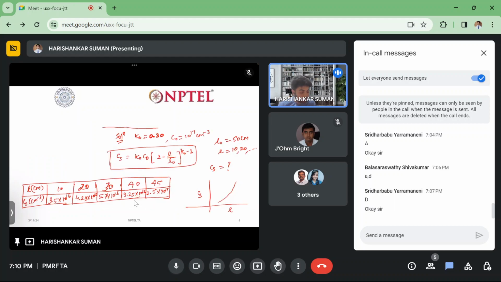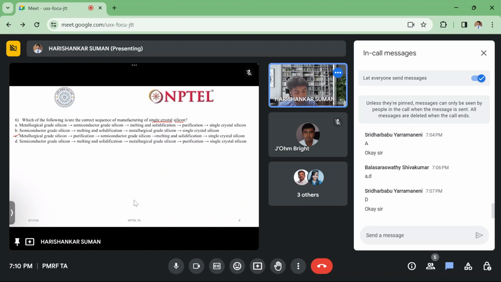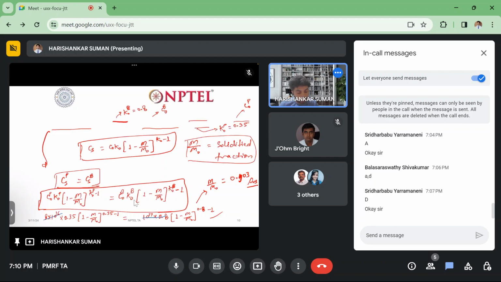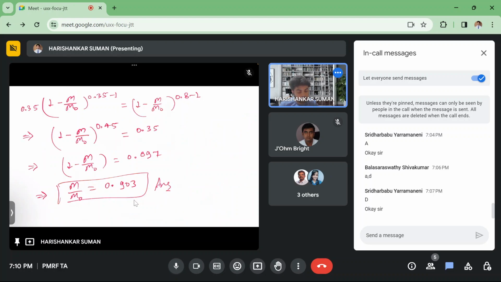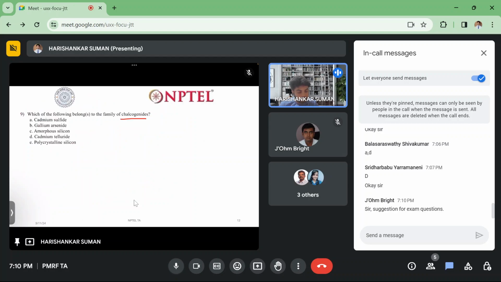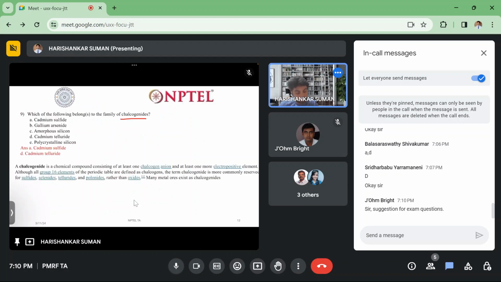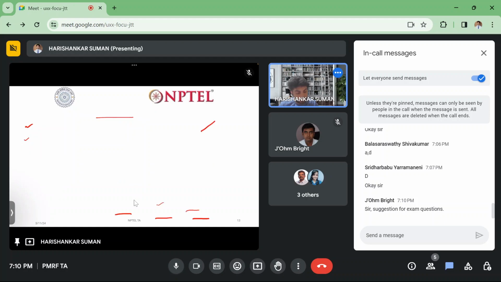And this is also the question about the concentration doping distribution. And follow the steps during single crystal growth. And there is also a question about the PN junction. This is about chalcogenide. And impurity elements commonly used in metallurgical grade silicon.